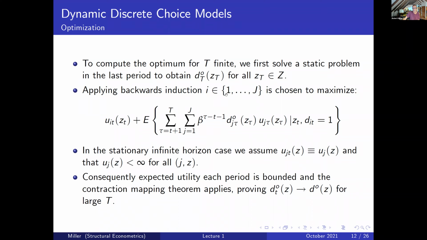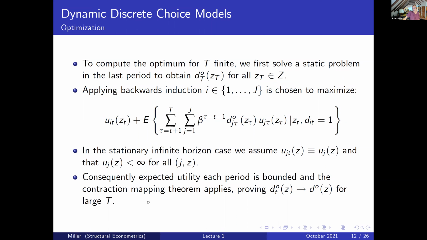Apply backwards induction, and once you've got the second last period, just go from there. In that way, you solve sequentially what would happen up until capital T periods if this was finite. In that way, you would solve the model.